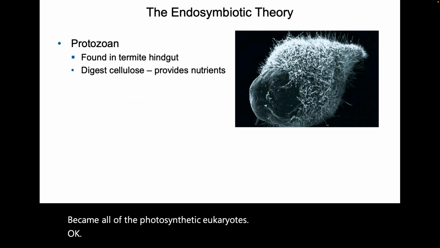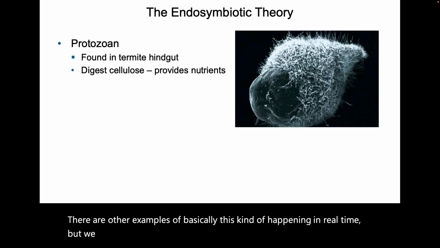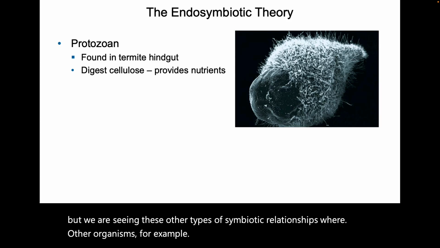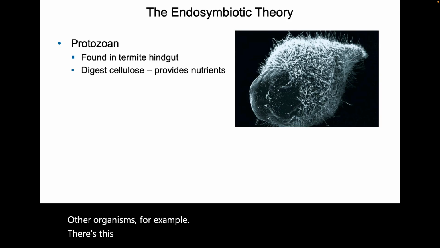There are other examples of this kind of happening in real time. We are seeing these other types of symbiotic relationships where other organisms, for example, there's this protozoan that lives in termites. It digests cellulose to provide it nutrients.